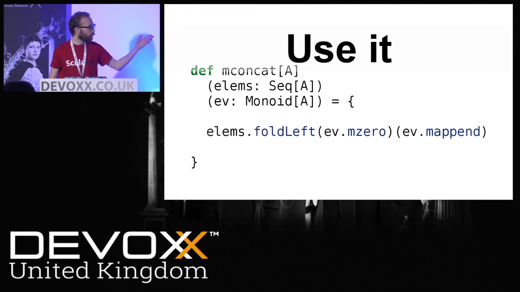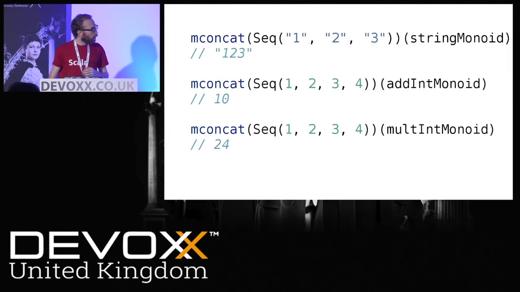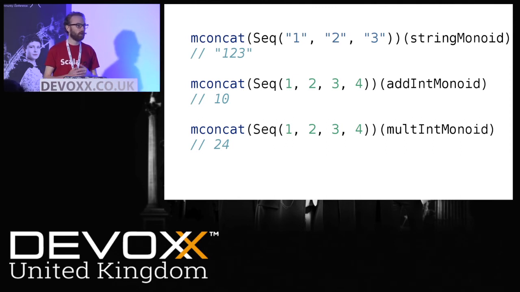For instance, concat takes a sequence of monoidal values and reduces it to one value. It can be a sum, a product, or mkString, stuff like that. So I just have to pass a good instance every time, and the type system will check that.